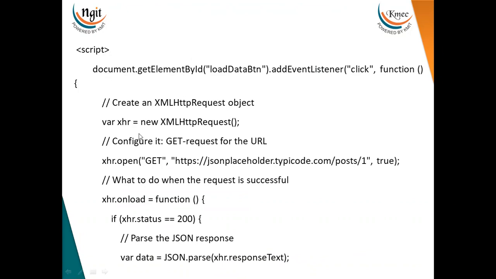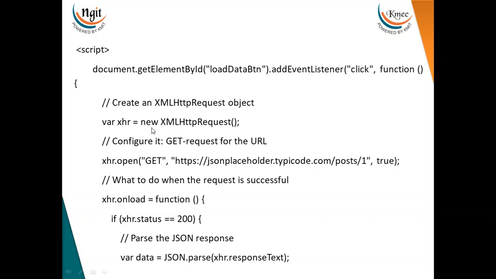In the script, as I told you, I get the button through its ID and add an event listener to it. That is, when you click on that loadDataButton, a function will be invoked which has this execution statement.